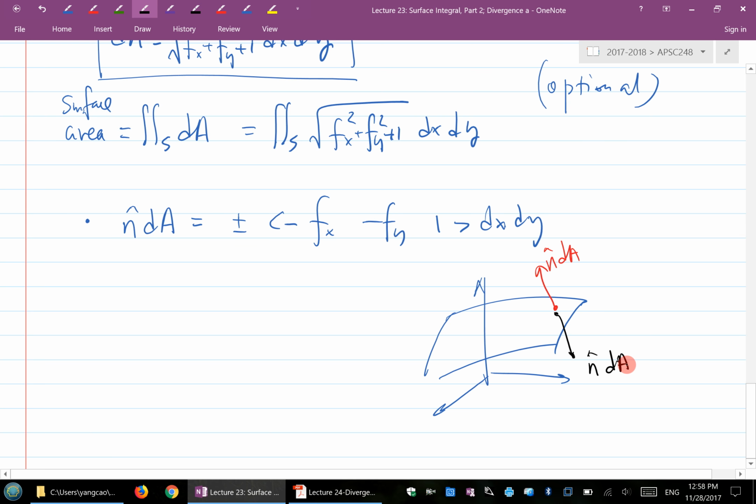So there are two directions perpendicular to that surface. I'll let you take an educated guess: should the red one correspond to the positive or negative sign? The positive. So this is the positive here, and of course, this one is negative.